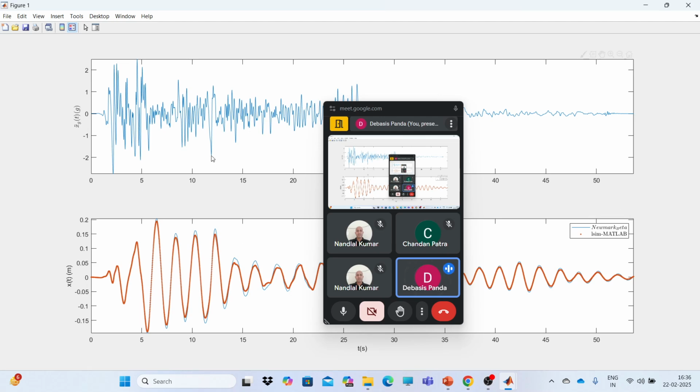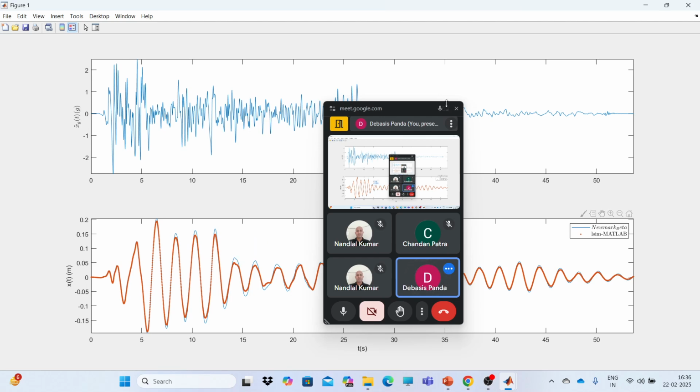Now from here onward, if you see the forcing function, it's completely random. So the linearization does not work properly, and we can see there is a little variation of the responses.